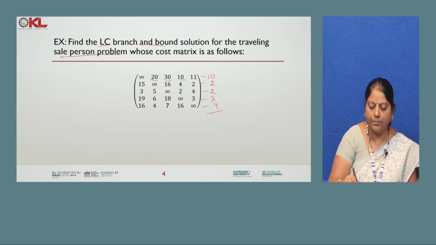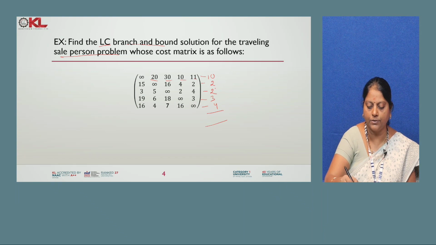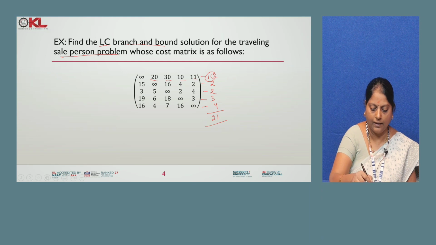Sum up all these values: 10 plus 2 is 12, 14, 17, 21. The minimum value in the first row is 10, so subtract this element from the first row.